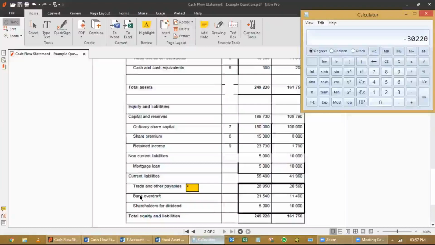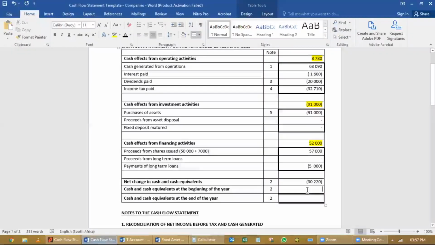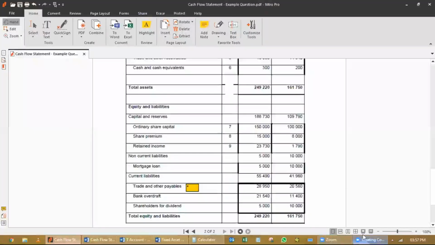So let's work out my balance at the beginning of the year. It's minus 11,400 plus the 200 that I have in cash, which means I have a negative balance of 11,200. So beginning of the year, 11,200 in brackets because it's a negative, it's an overdraft. And then at the end of the year I do the same.